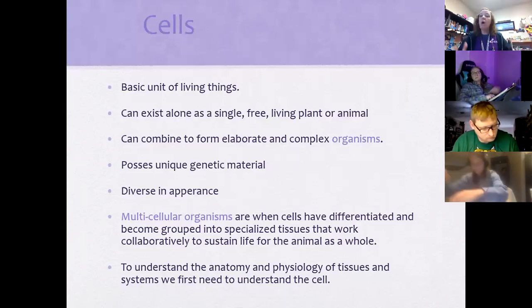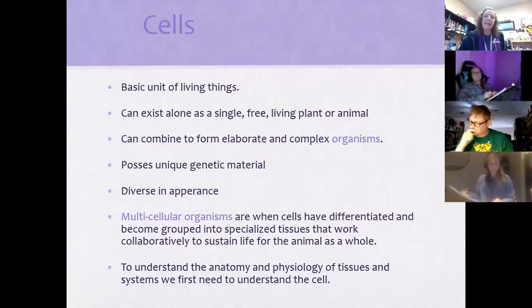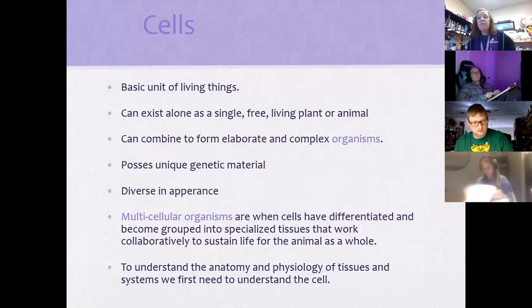So now we're out of molecules and we're now into looking at cells. Cells are the basic functional unit of all living beings. And in fact, the cells are the basic functional unit for all of your individual systems.